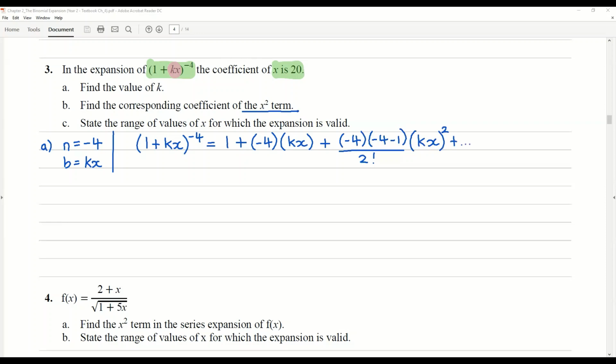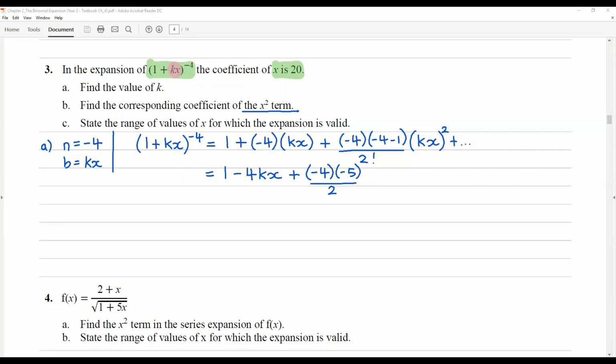So let's tie these up. So this is going to equal 1 subtract 4kx. And again, I don't want to do too much at once. That's going to be -4 multiplied by -5 over 2 factorial. And then we're squaring kx.